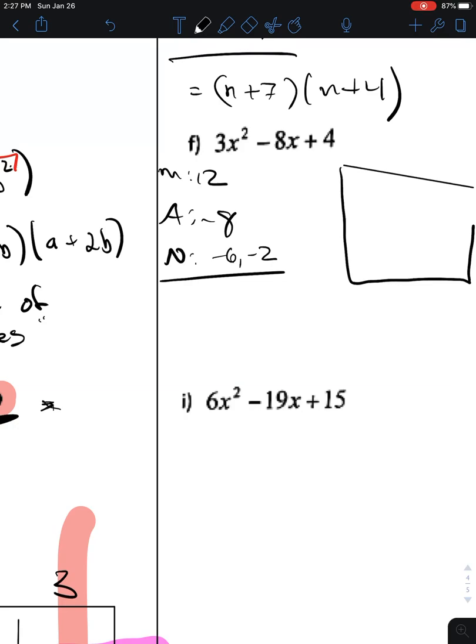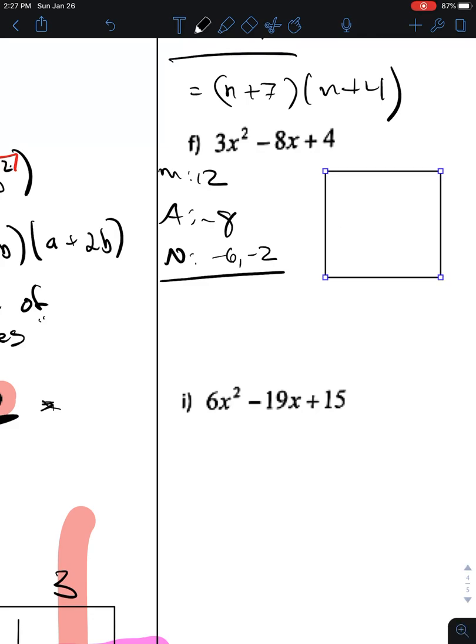Do I need it to be 24 though? No. 3 times 4, so it's 12.